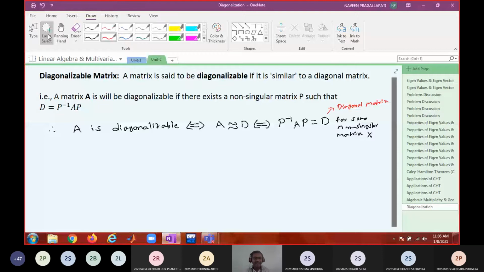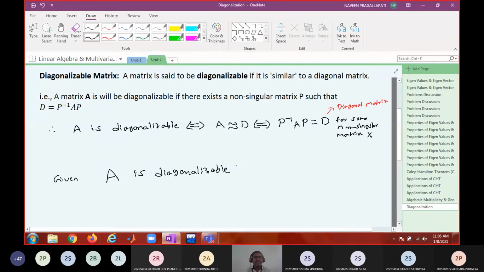If I give you some matrix like this, how do you identify whether this is diagonalizable or not? How do you test whether it is diagonalizable or not?